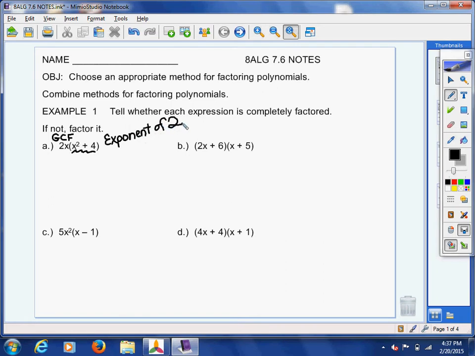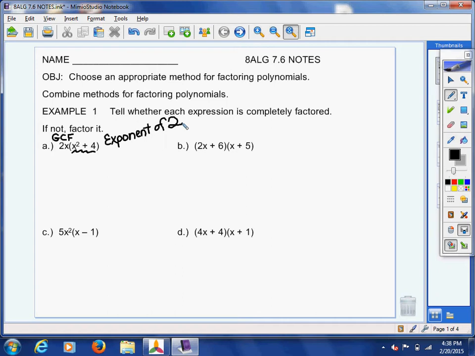If I see an exponent of 2 on my variable, then I'm going to look at that a little more deeply and see if I can factor it. If it's an exponent of 1, then I don't need to worry about factoring it necessarily. It might need a GCF pulled out of it, but if it has a 2 on it, it might be a trinomial or a binomial that is possibly factorable.